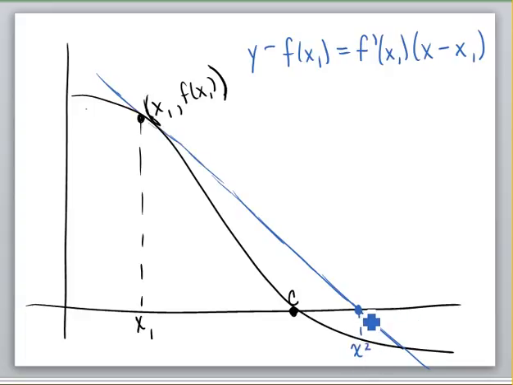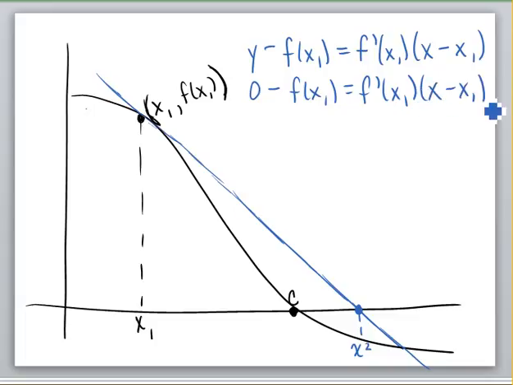In order to find this x sub 2 value, that's really where y is equal to 0. So I would substitute 0 in for y and solve this equation for this x value, which would be my x sub 2.